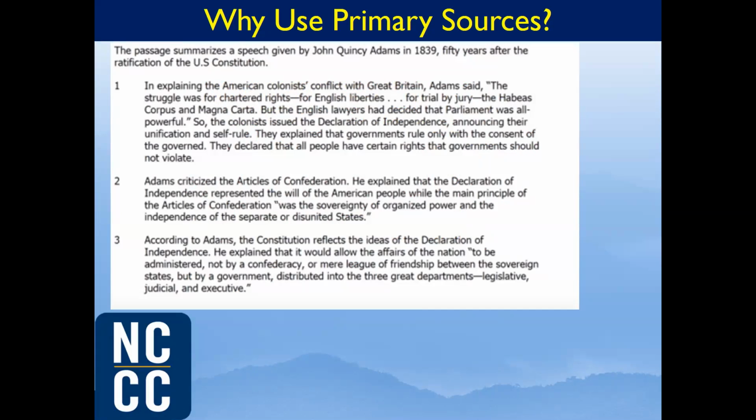Well, take a look at your screen, and this is a question from the GED test. And so what we have here is, lo and behold, a primary source. This passage summarizes a speech by John Quincy Adams in 1839, 50 years after ratifying the U.S. Constitution. So we've got this primary source inside this question.